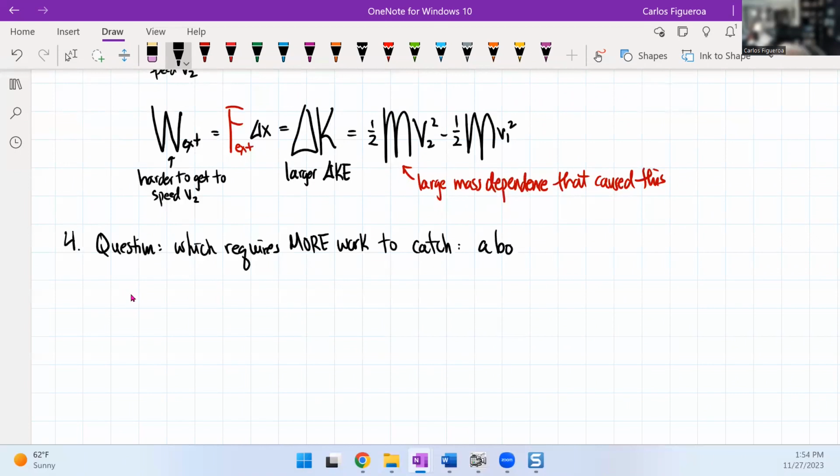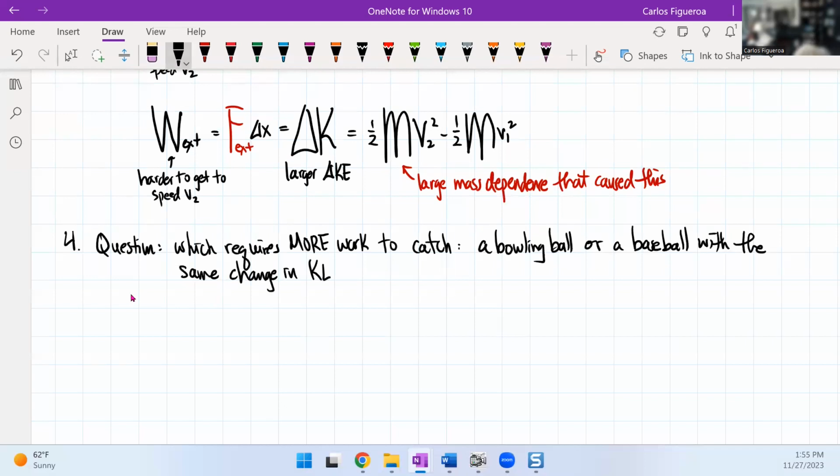A bowling ball or a baseball with the same kinetic energy, same change in kinetic energy.